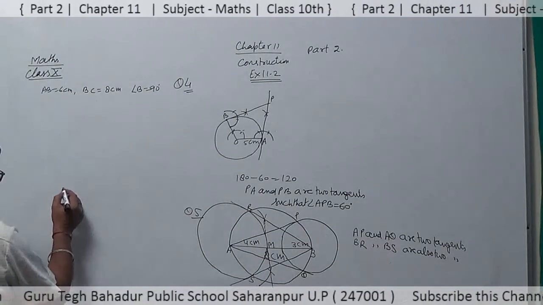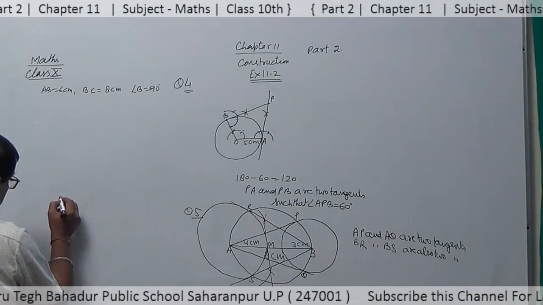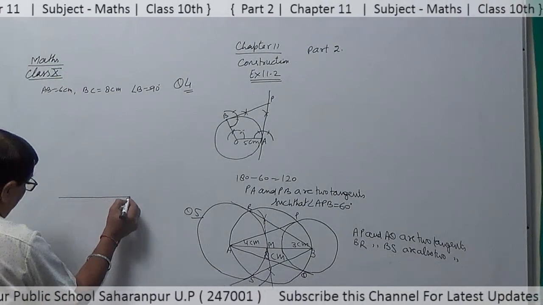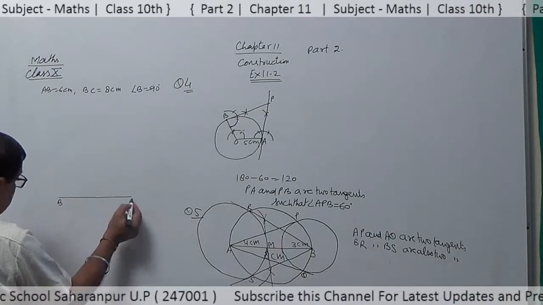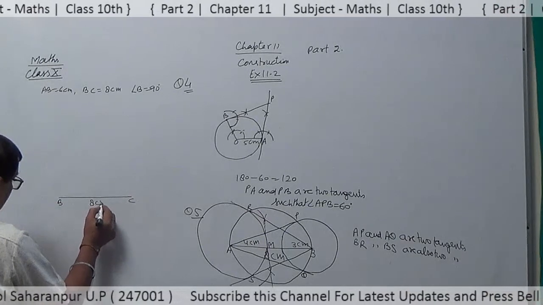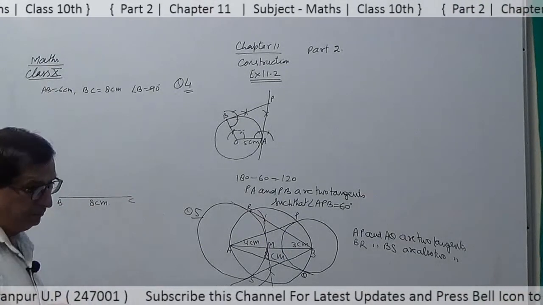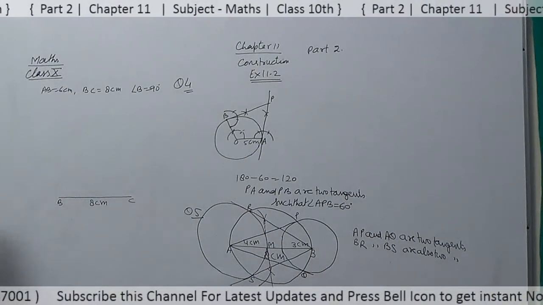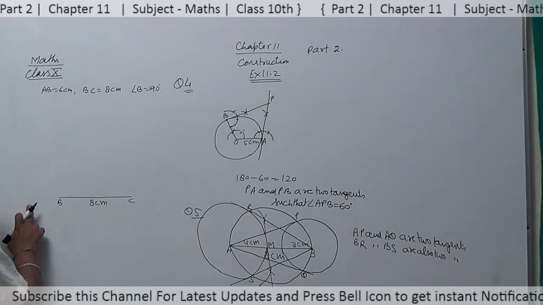So first of all, draw a line BC of 8 centimeter. Draw the angle of 90 degrees by using compass.